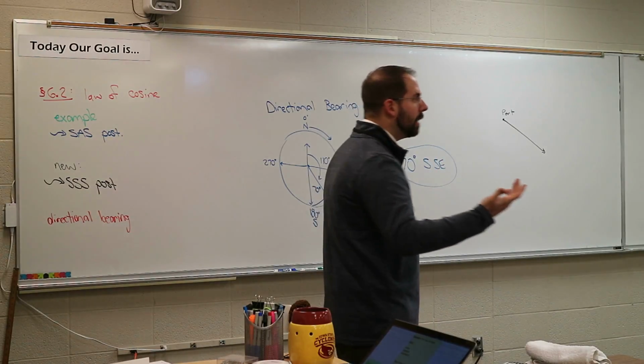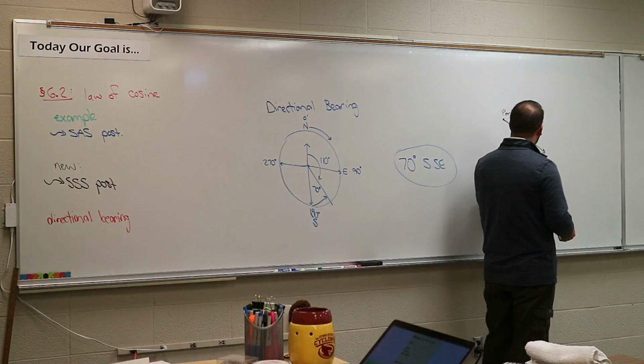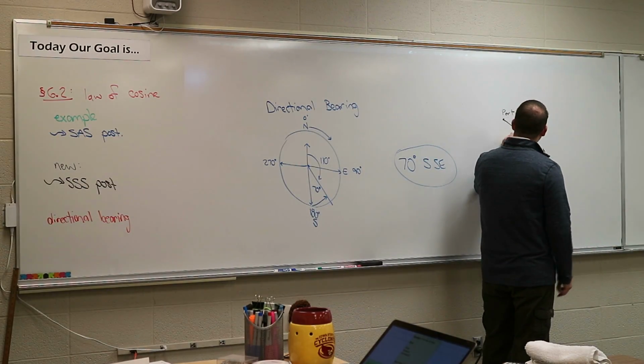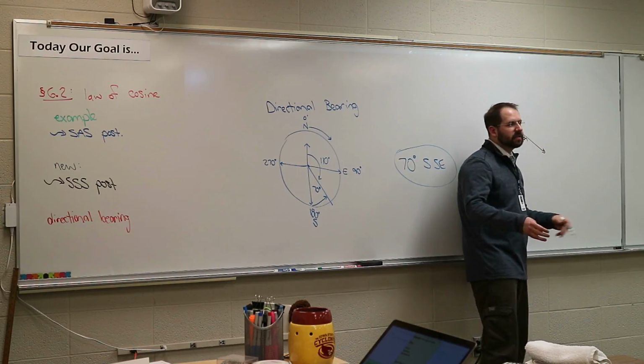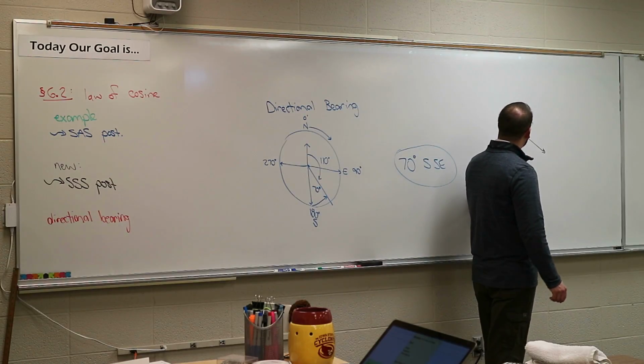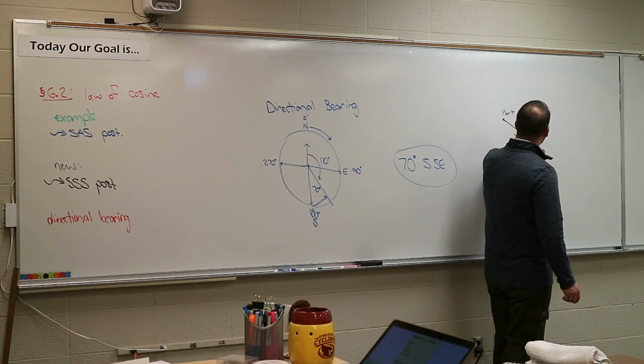So they keep track of time. Because they know the speed of the boat, the captain is constantly writing down, okay, they're going, let's say, and I'll put it in miles per hour, but they usually do knots. So let's say they're going 30 miles per hour, and in knots it'd be 24 or something like that. They know, okay, we traveled for 2 hours, and then suddenly we switch directions.